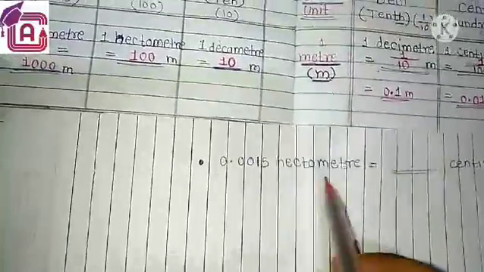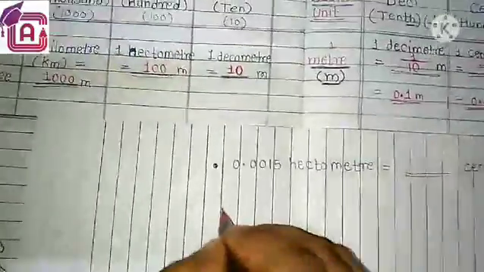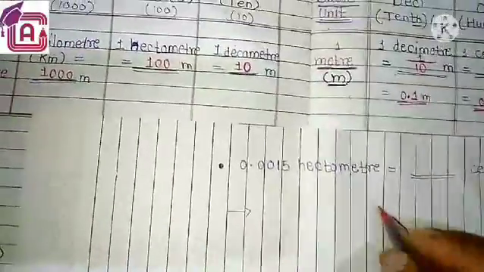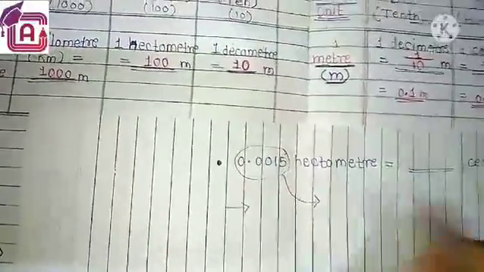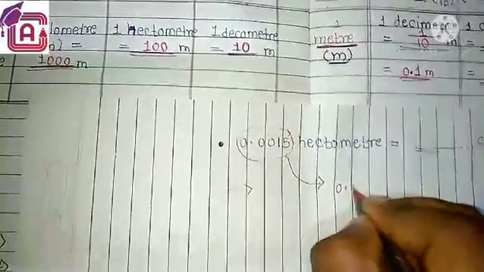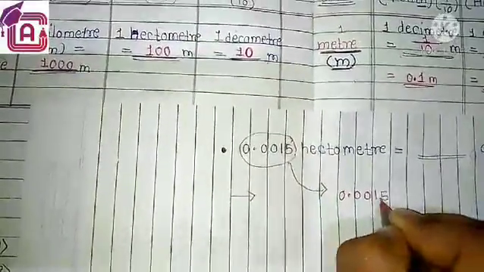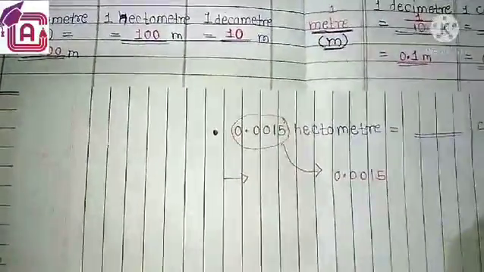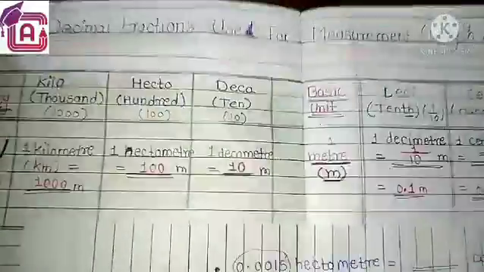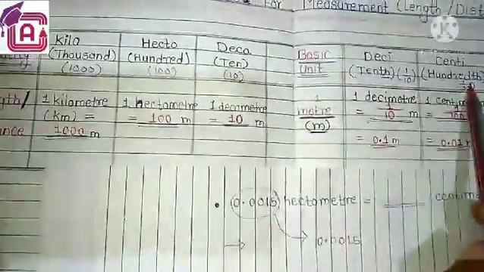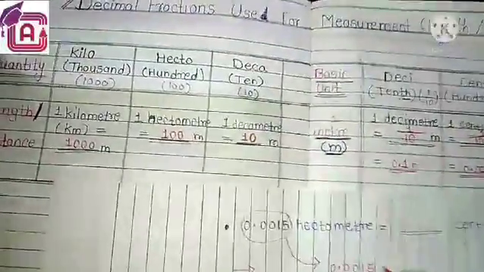So what we are doing here? First write down the given number as it is, that is 0.0015. Now look at the table. We know first is kilo, hecto, deca, meter, deci, centi, milli. So from hecto to centi, as we are going from left to right, we have to perform the operation of multiplication.